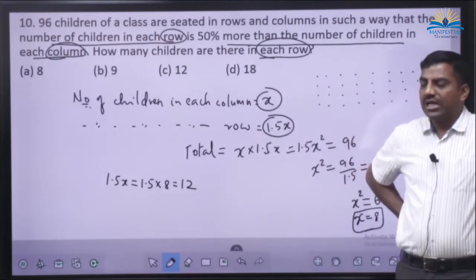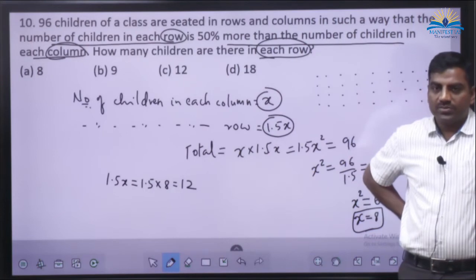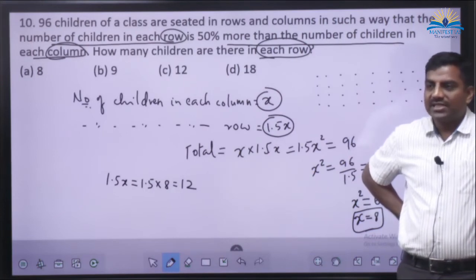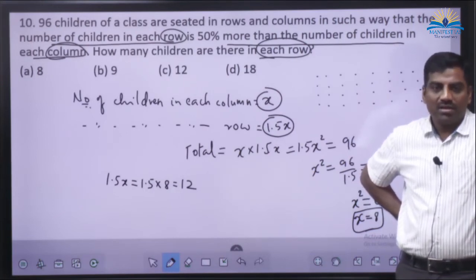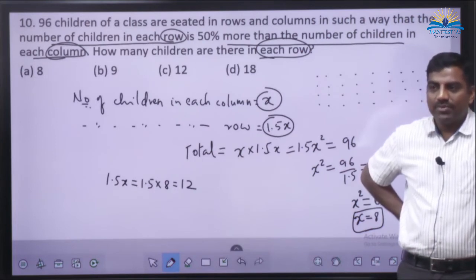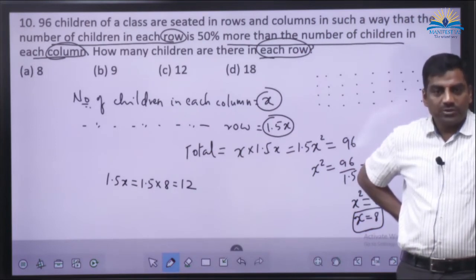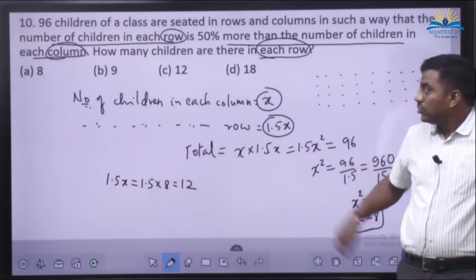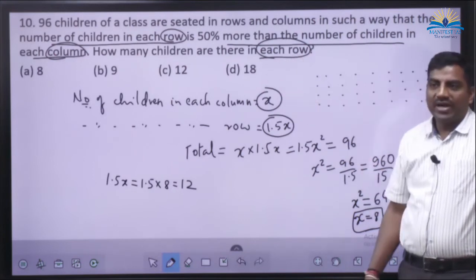As soon as you see 96 in this problem, the factors of 96 should be running in your mind. Maybe it is 12 eights or 16 sixes, 24 fours. That should be running in your mind, and you should be finding those things here.